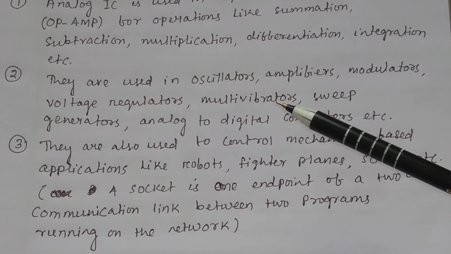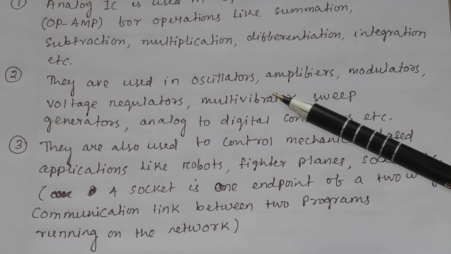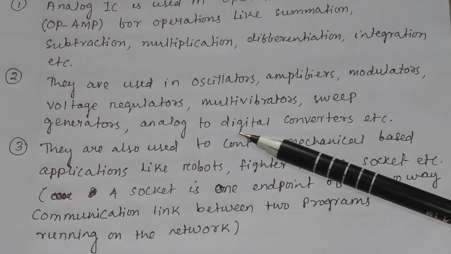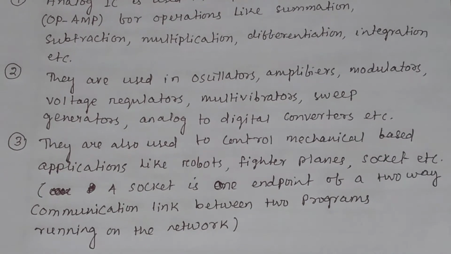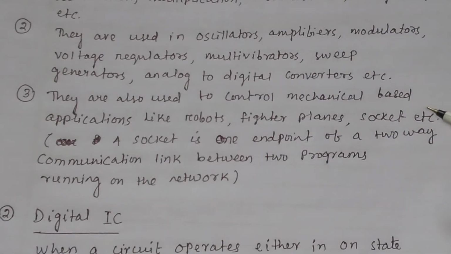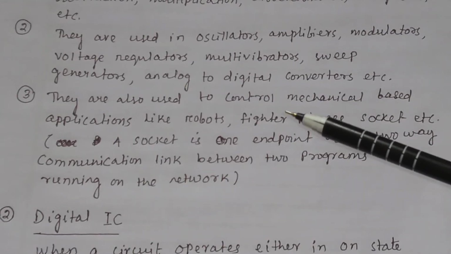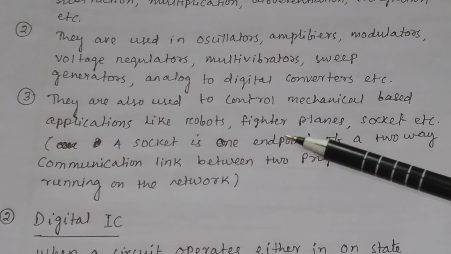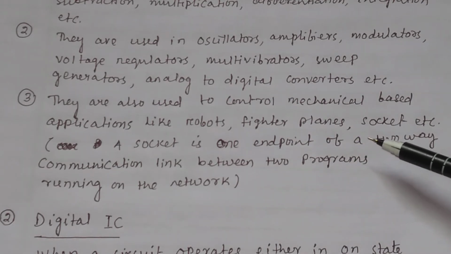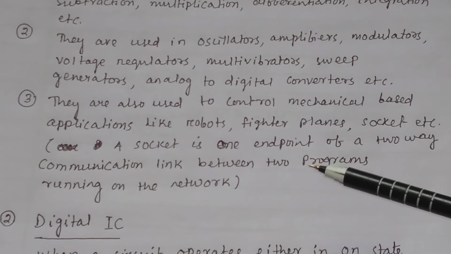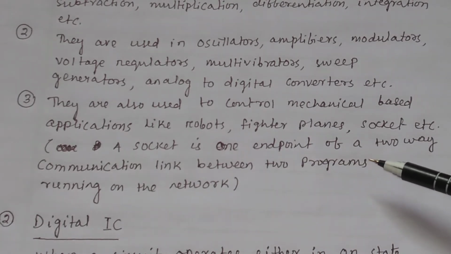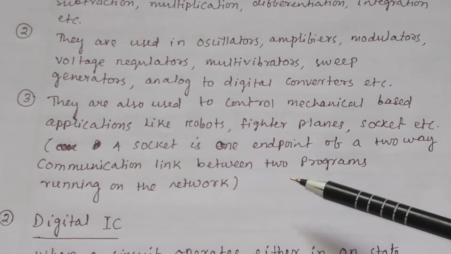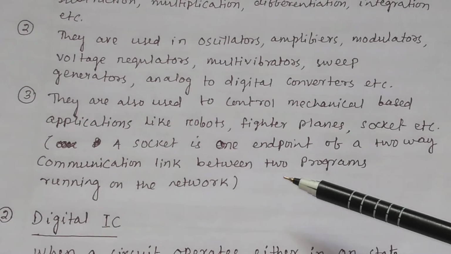The second important use of the analog IC is in oscillators, amplifiers, modulators, voltage regulators, multivibrators, sweep generators, analog to digital converters, etc. We also use analog ICs in the control of mechanical applications like robots or fighter planes or sockets, etc. A socket is one endpoint of a two-way communication link between two programs running on the network.